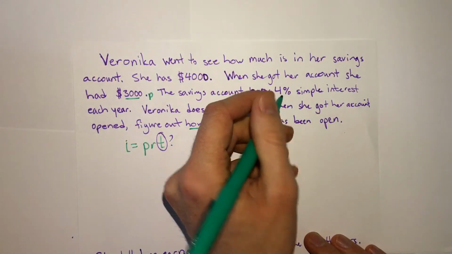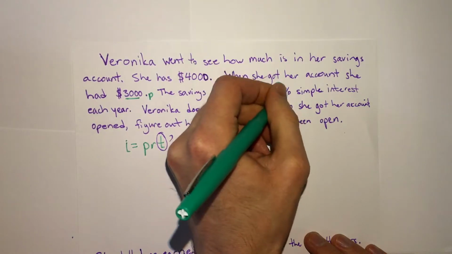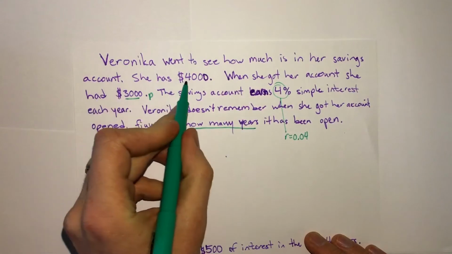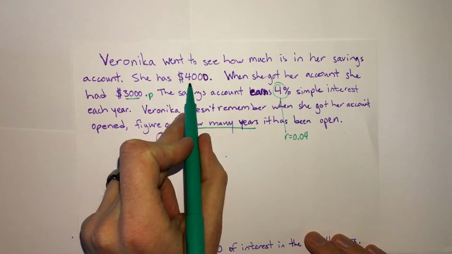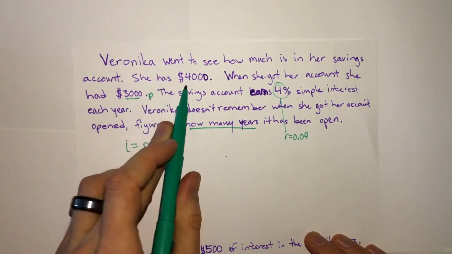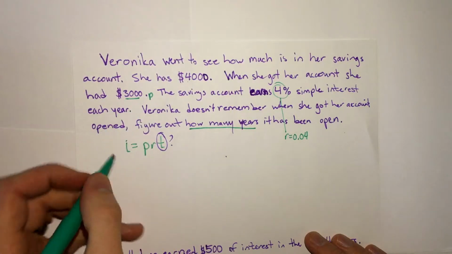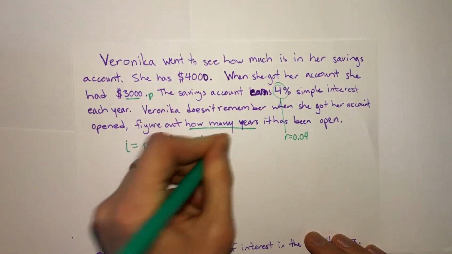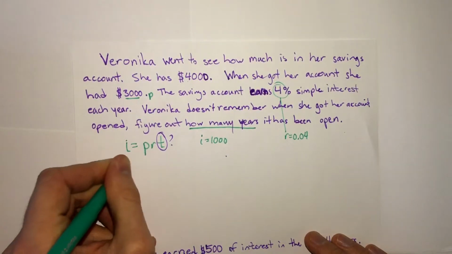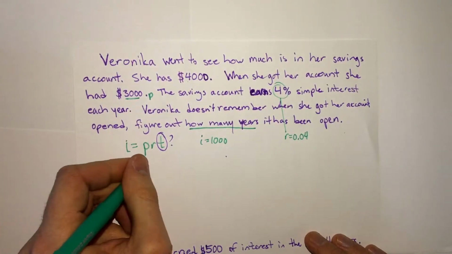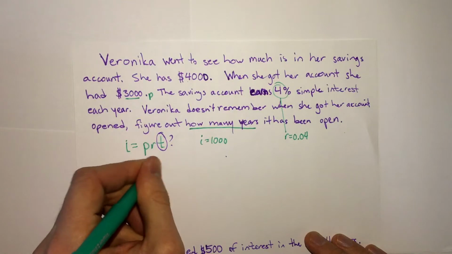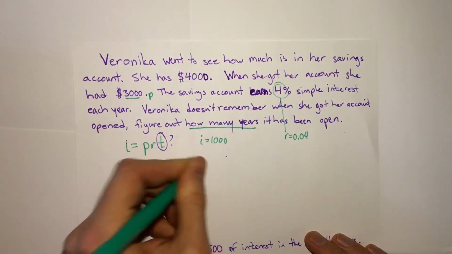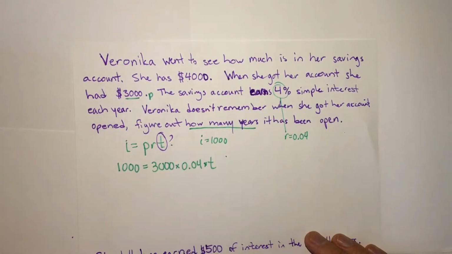Our R is 4%, so R is 0.04. And she has $4,000 now, so 4,000 minus 3,000, her interest is $1,000. So we can put 1,000 equals 3,000 times 0.04 times T.